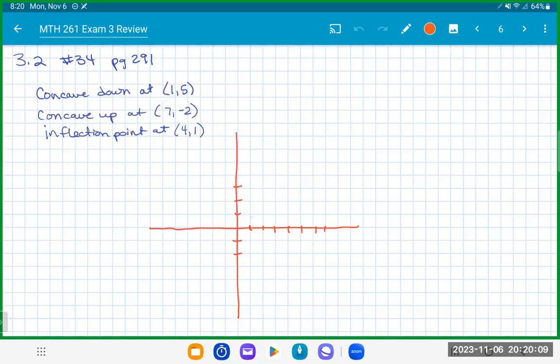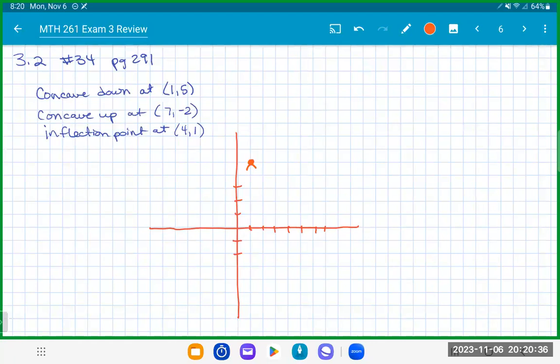So here's 1, 3, 4, 5. Here's this point (1, 5). It tells us that we are concave up at that point. So we know that we're looking something like this, right? Or it says we're concave down, sorry. So we're looking something like this.